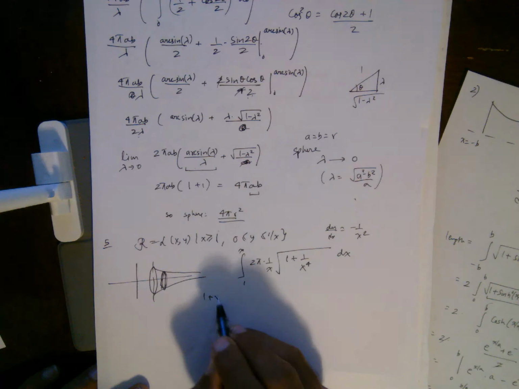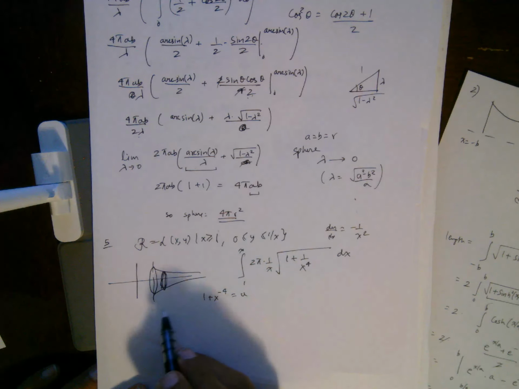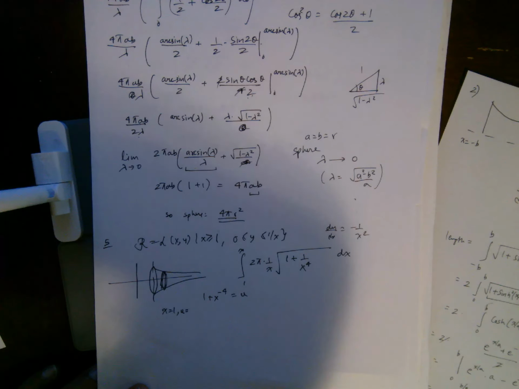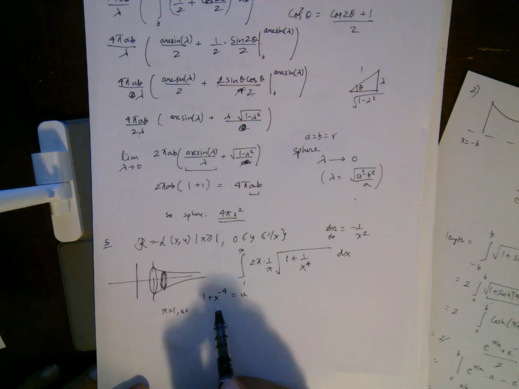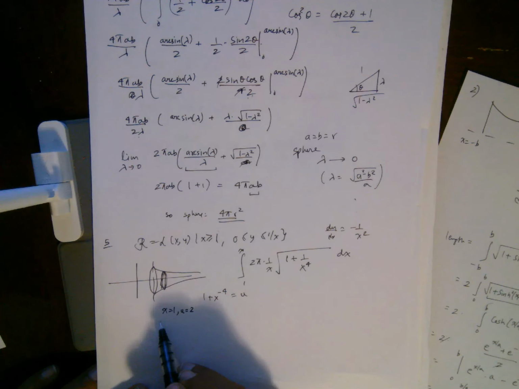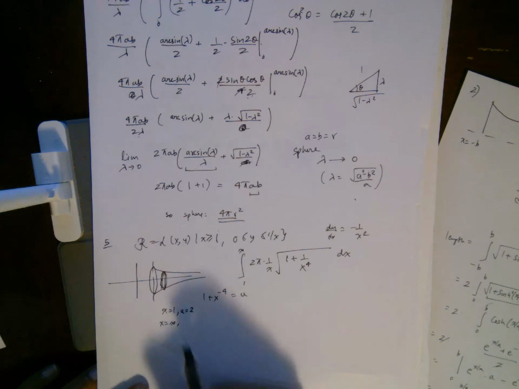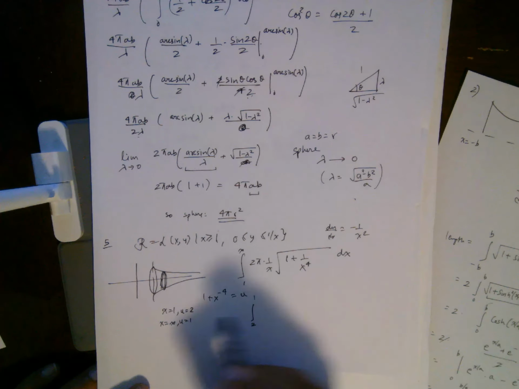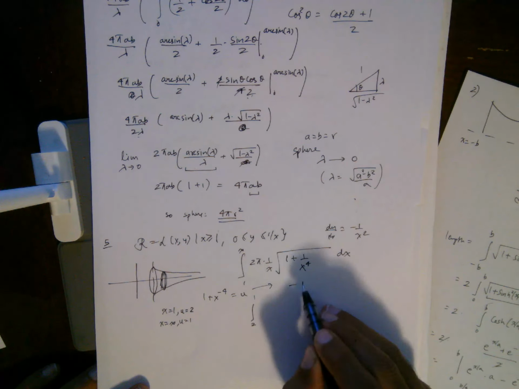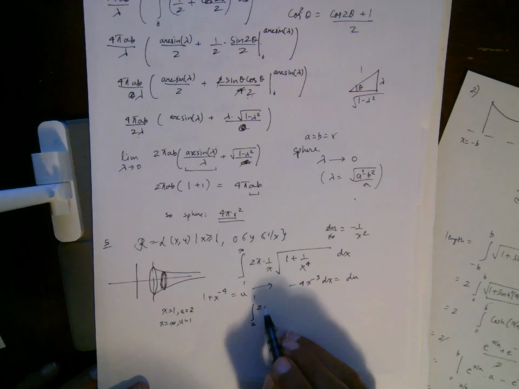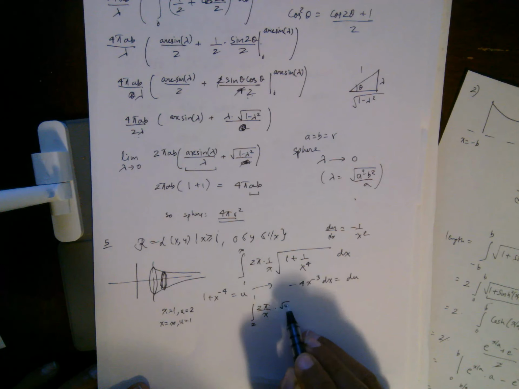Okay, let's go ahead and set 1 plus x to the negative 4 as u, so that when x is 1, u is two, and when x is infinity, u is 1. Okay, so 2 to 1, and the derivative over here is negative 4 x to the negative 5 dx equals du.